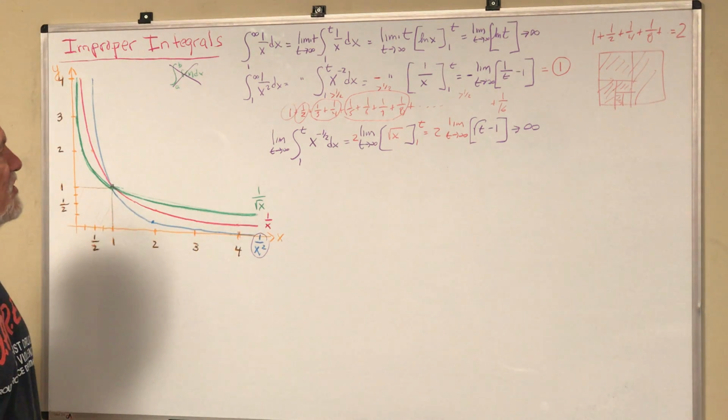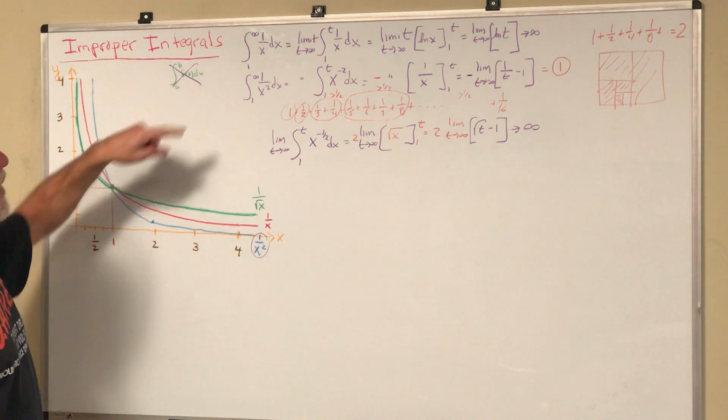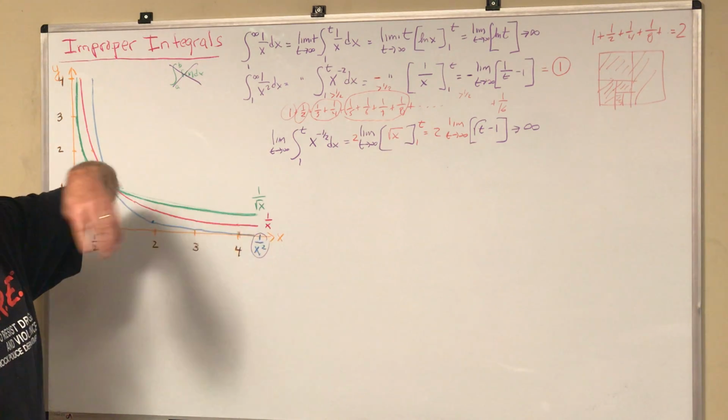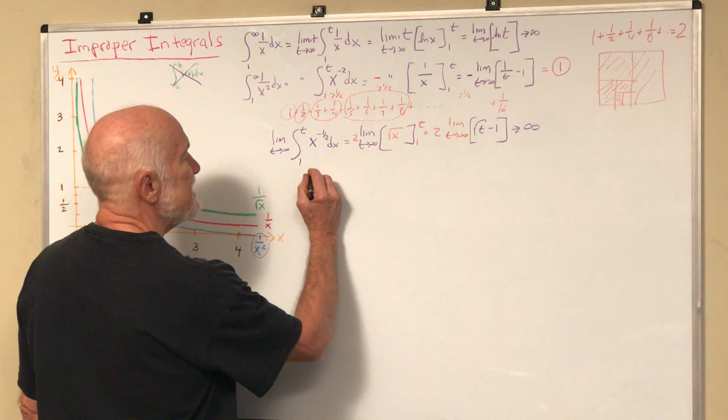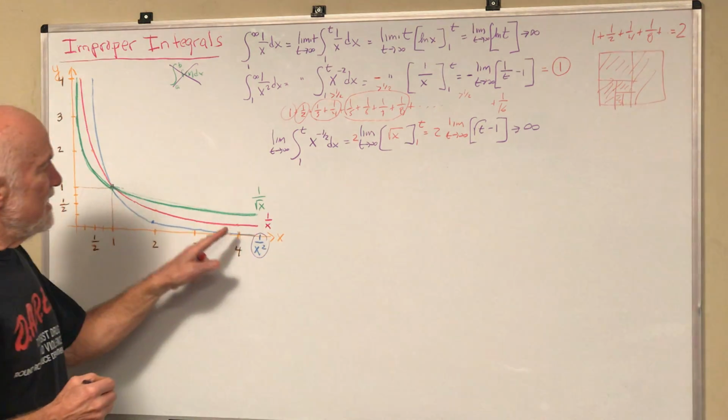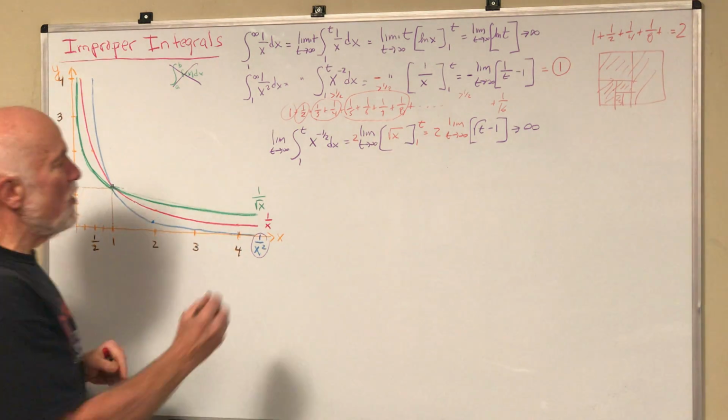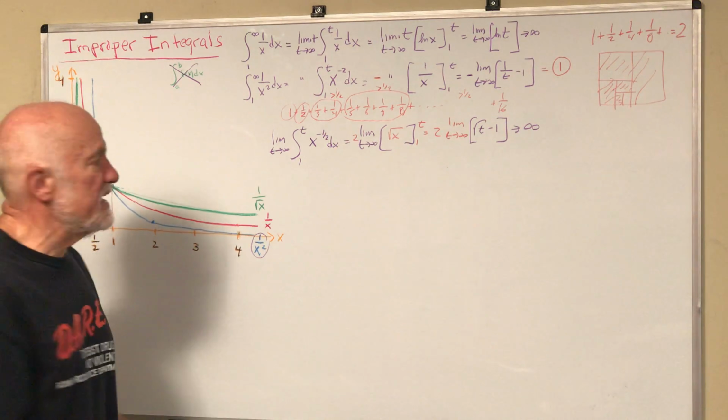Okay, so we could go on to 1 over x cubed, 1 over x to the 4th. What about in general if we wanted to take the area between 1 and infinity under 1 over x to the p?